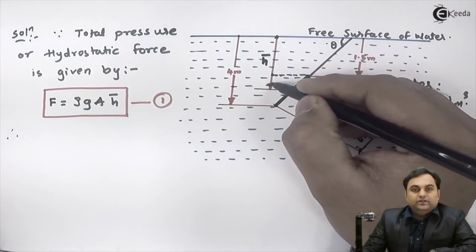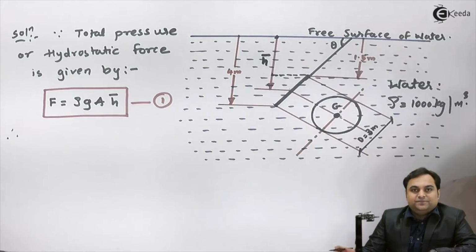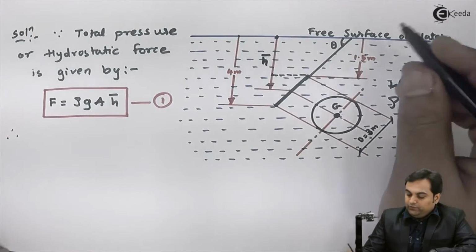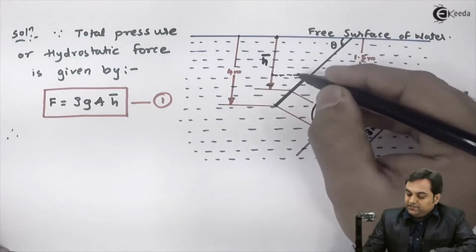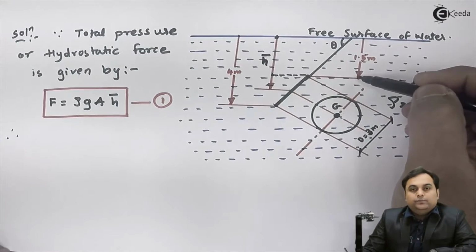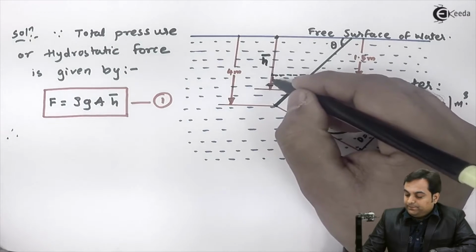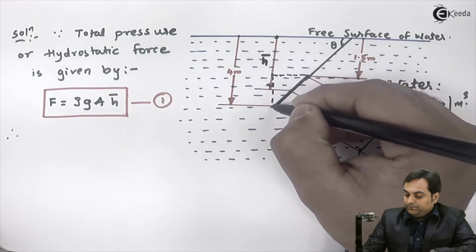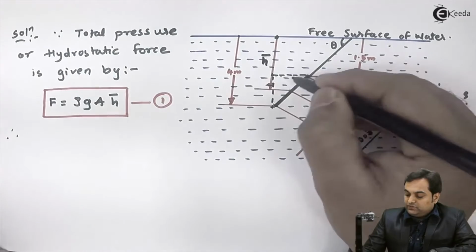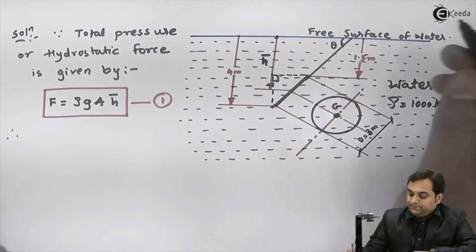If I can get this value, I'll add 1.5 in that and get the answer of H bar. So now in this case we know that this is 4 meter and here we have 1.5 meter. So I'll get this height, that is 4 minus 1.5. This height would be 2.5 meter.